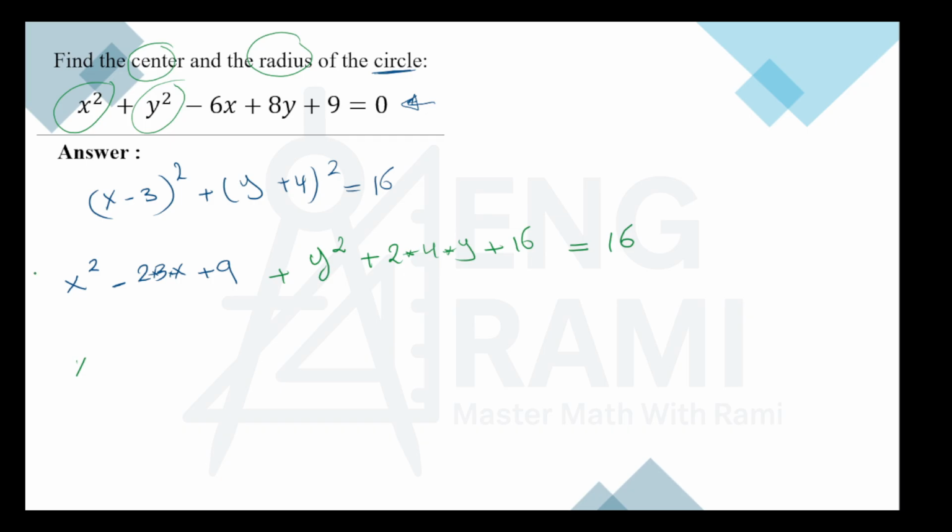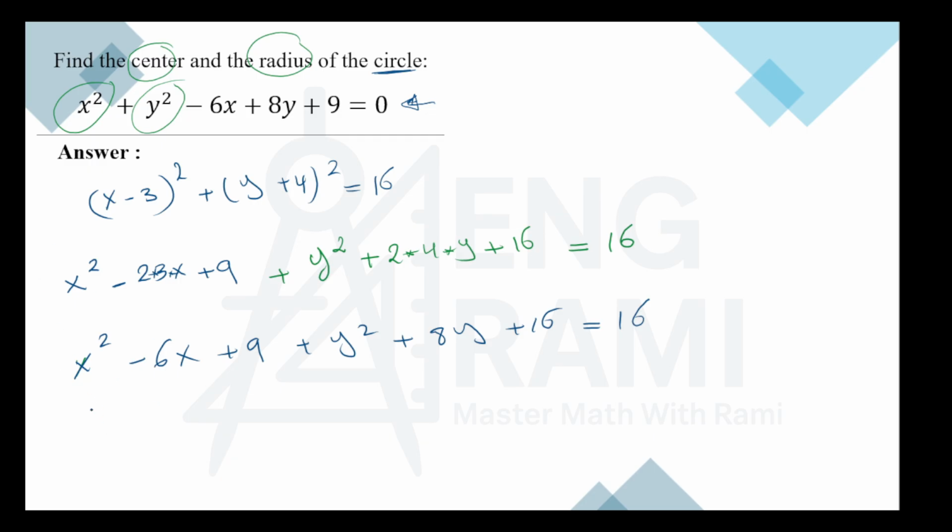Then this is x squared minus 6x plus 9 plus y squared plus 8y plus 16 equals 16.